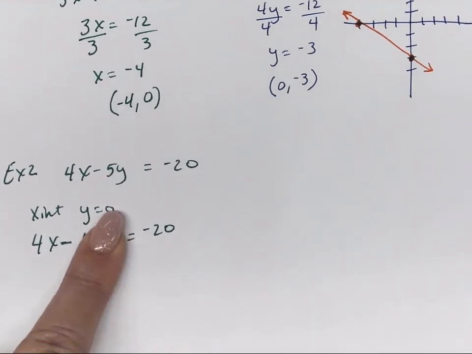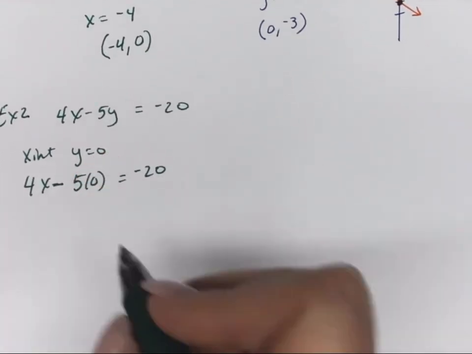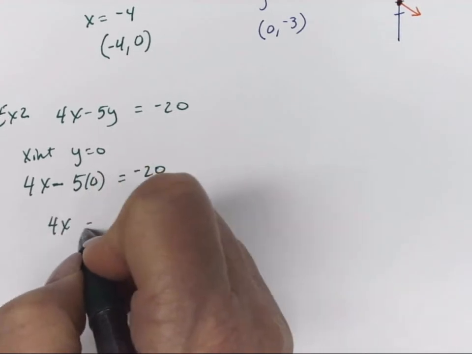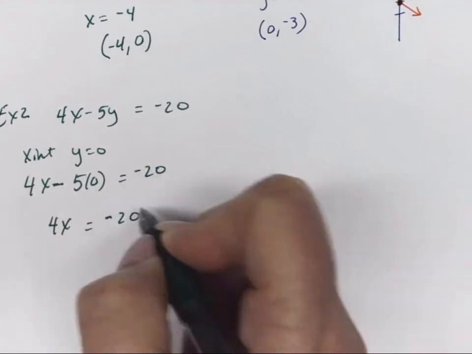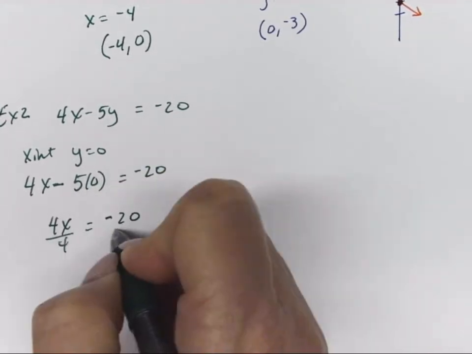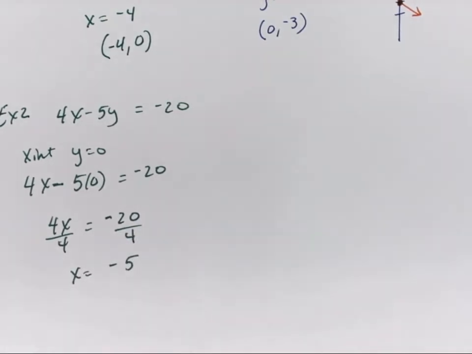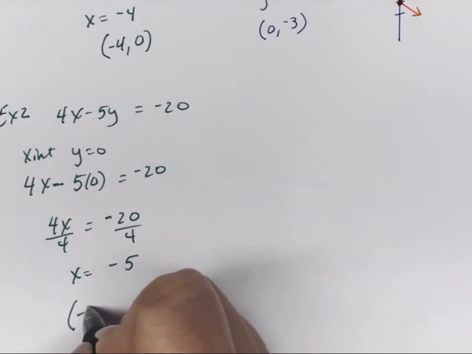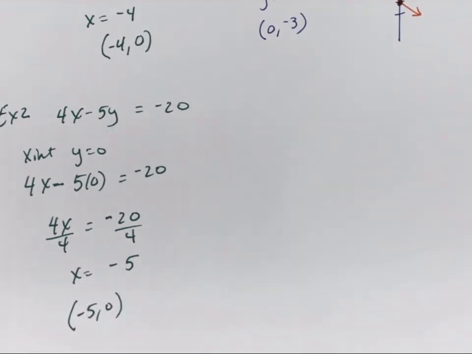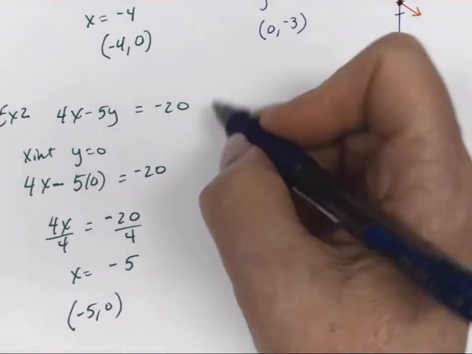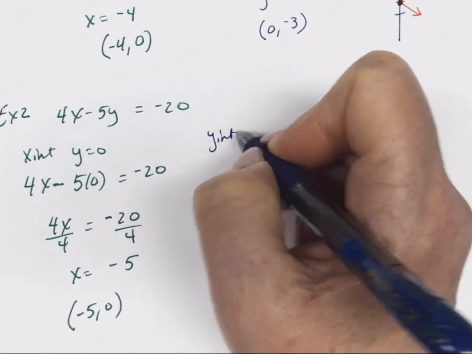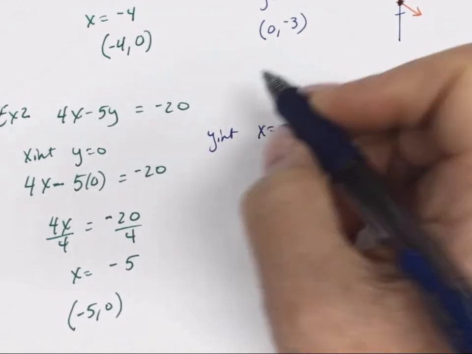Again, anything times 0 becomes 0, so we don't have to worry about it. So 4x equals negative 20. Divide by 4, and x will be equal to negative 5. This then gives us the point of negative 5, 0. Our y-intercept, we set x equal to 0.